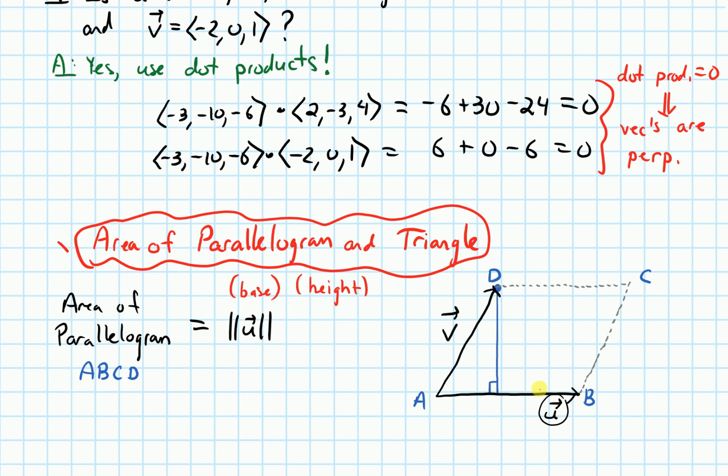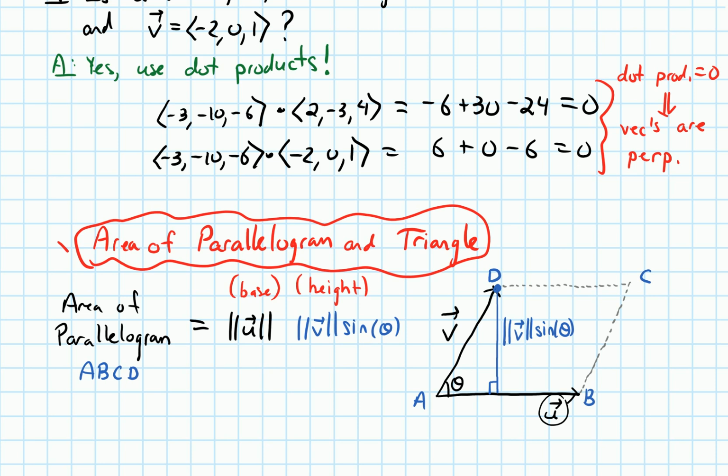And if I call the angle between u and v theta, we know that that vertical distance would be the length of v times sine of theta. And that's going to be the height of this parallelogram. So the height is going to be the length of v times the sine of theta.